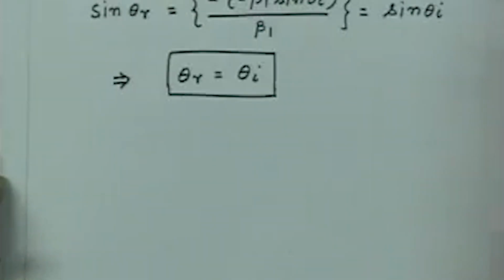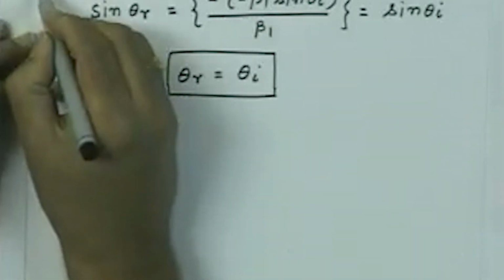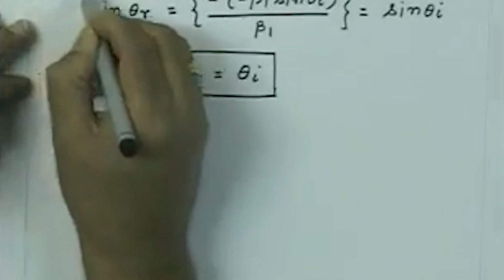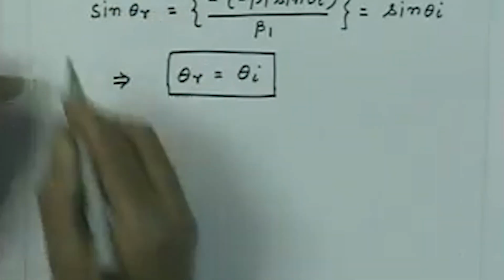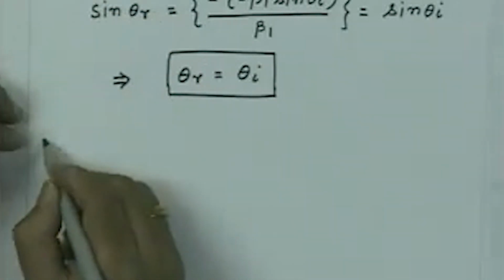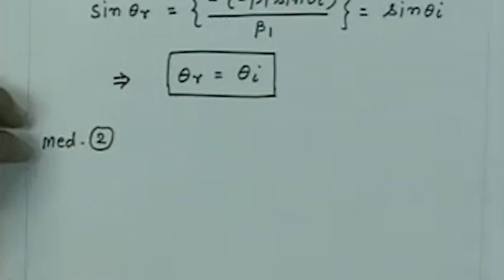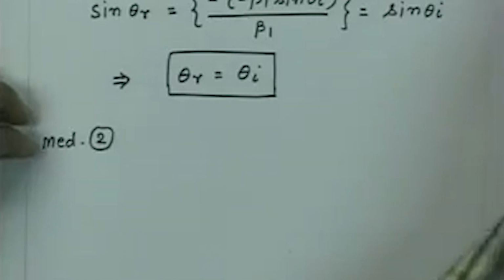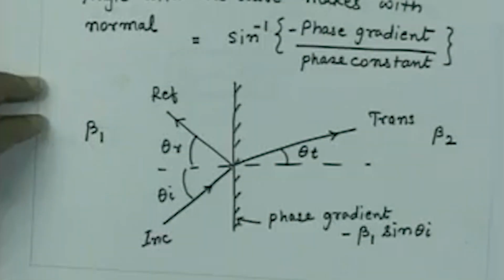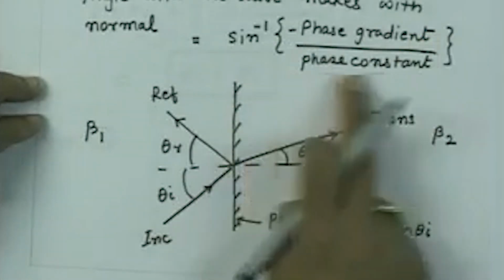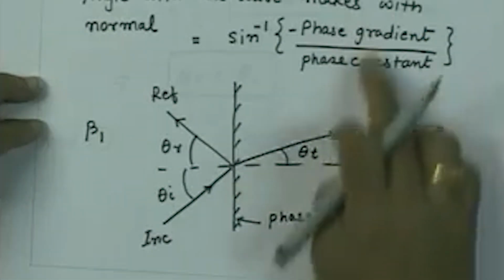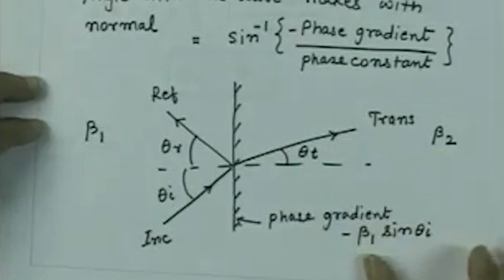Same thing we can do for the second medium, and that is, if I go to this in medium 1, which was for the reflected wave, if I go to medium 2, then the angle which this thing makes is theta t. So, sine of theta t should be equal to minus of phase gradient divided by the phase constant, but the phase constant in this medium is beta 2.